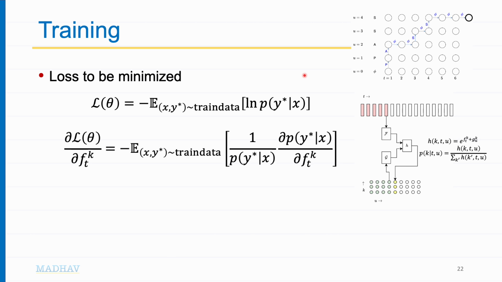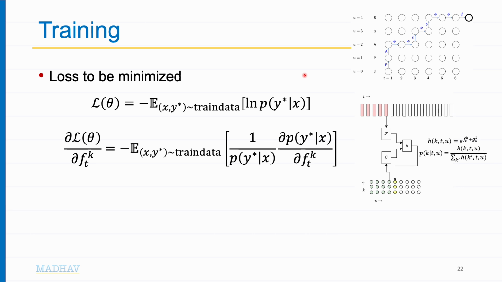What is the gradient? So what are our models here? H has no parameters, right? H is simply a deterministic operation: sum them up, exponentiate, and then normalize. So H is just a parameterless operation. Where are the parameters? In the F model and G model.